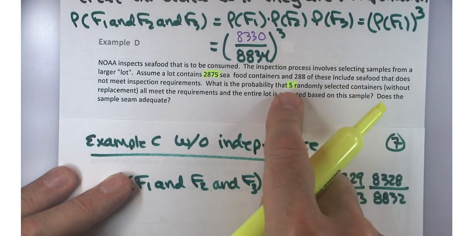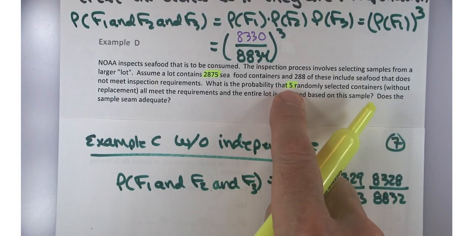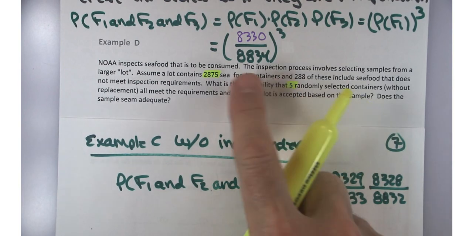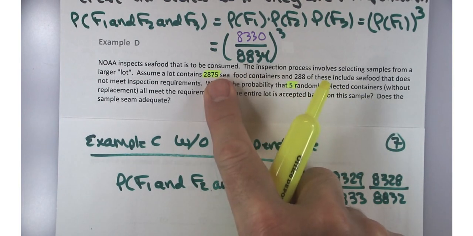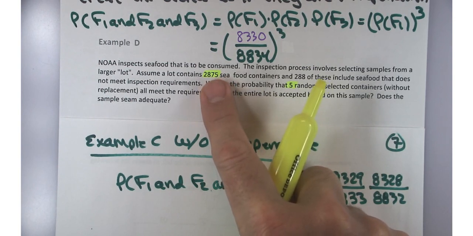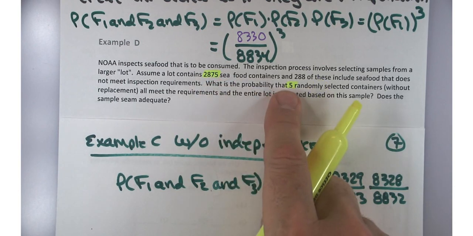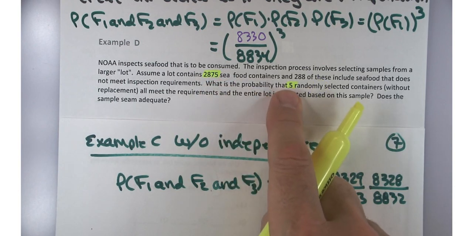Well, what's 20 times 5? 100. Is that less than this? Yeah. So then it passes the 5% rule. Alternatively, you could do 5% of this. You would get 143.75, and that's more than 5. But I think 5 times this is a little faster.